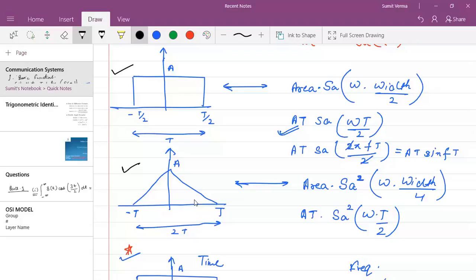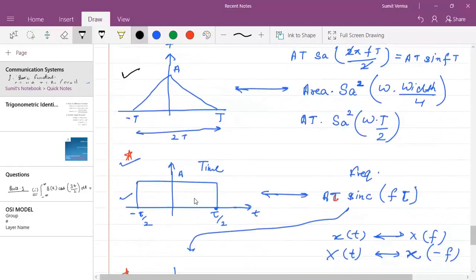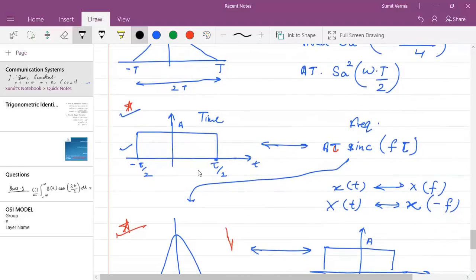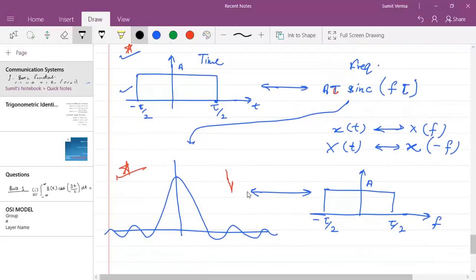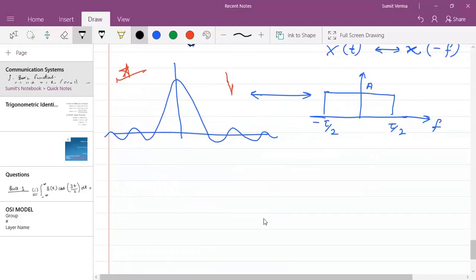We also used the duality property to find the Fourier transform for the sinc function. So this is the signals and systems basics part that leads into communication systems.